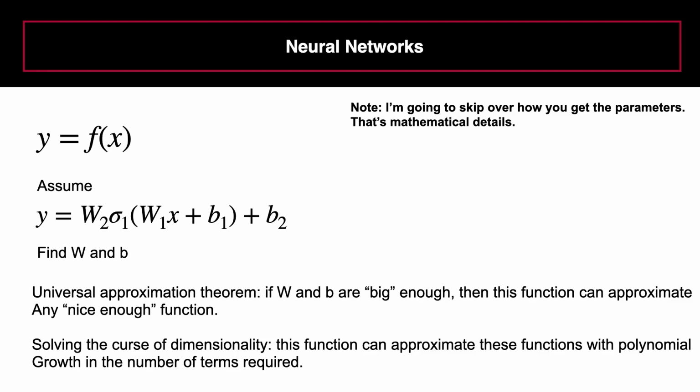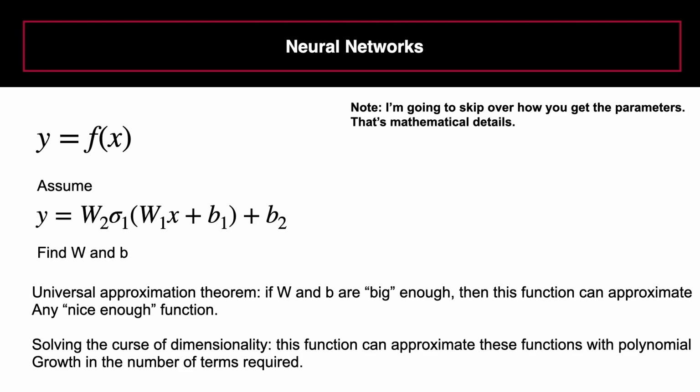If you make the matrices inside of there large enough, right? I didn't really define all the details there, but it's a matrix of numbers. Kind of like with a polynomial, there are a lot of coefficients in there. If you make there be enough numbers inside of there, then you can find numbers that are close enough to any possible function.